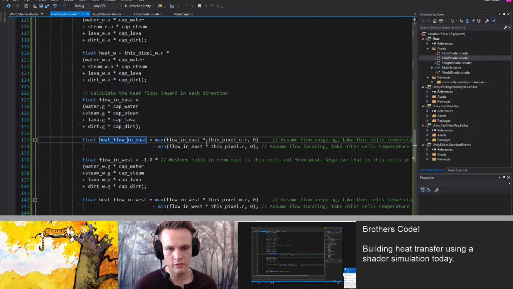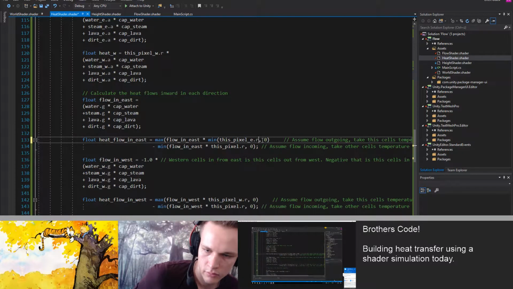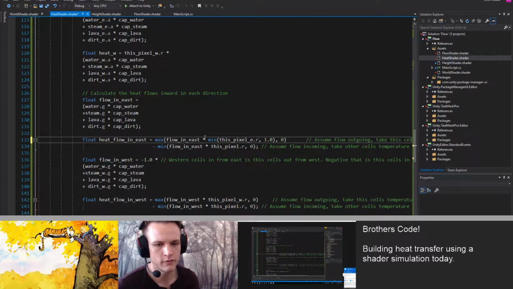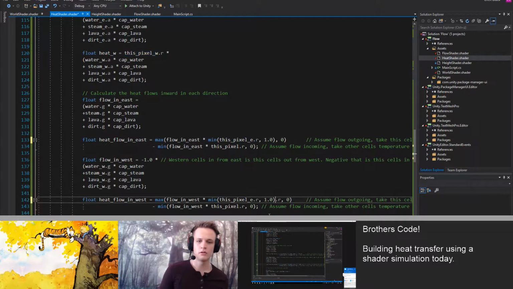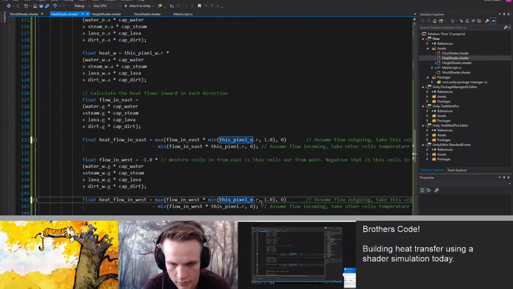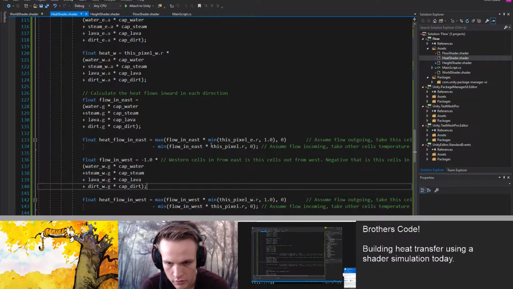So this pixel east dot r, take the min of that value and 1, because maybe we're getting extra flow from a direction. Okay. And then same thing for this pixel's temperature.